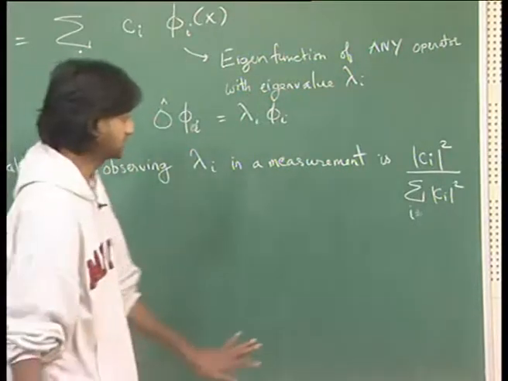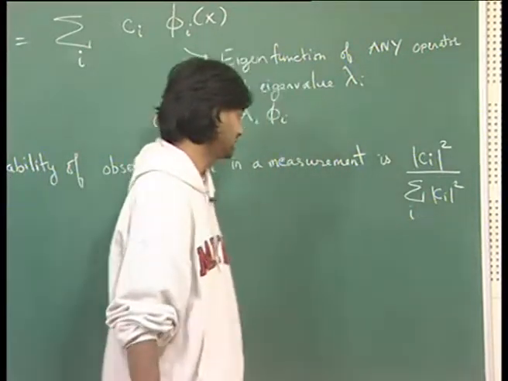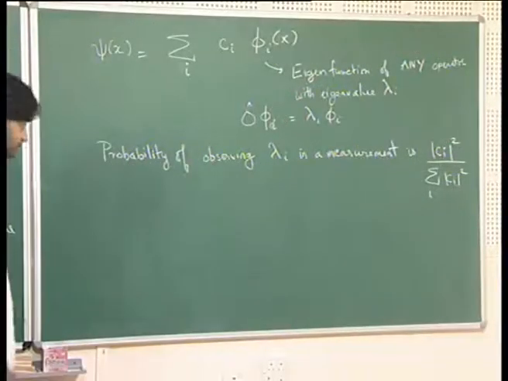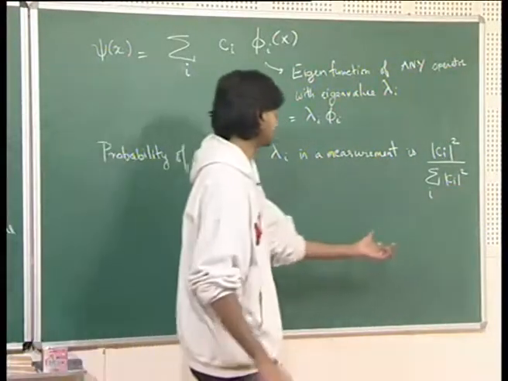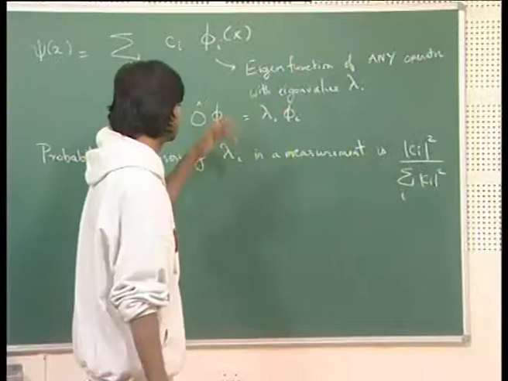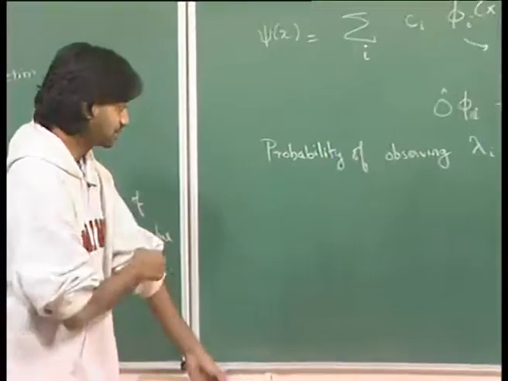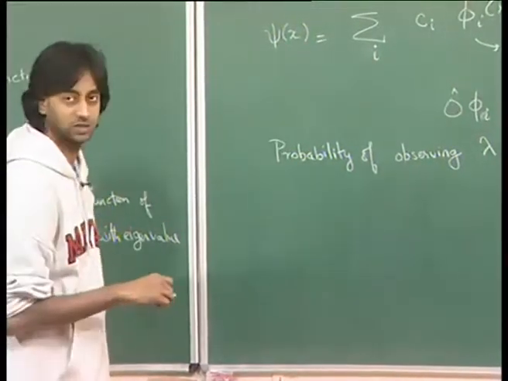So, you take absolute value of C I square divided by the sum over I of absolute value of C I square, and this will just be some constant number. So, it is proportional to absolute value of C I square.